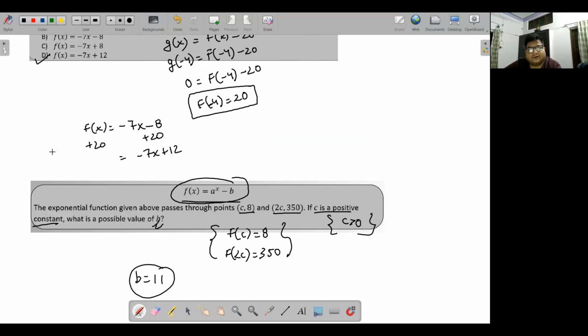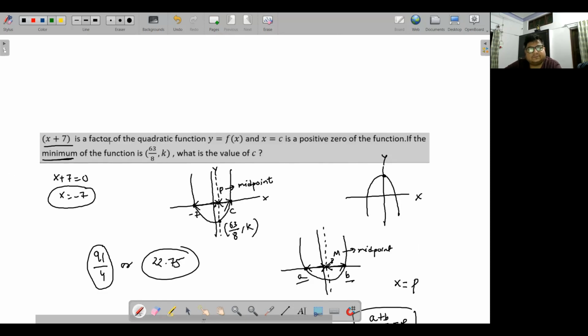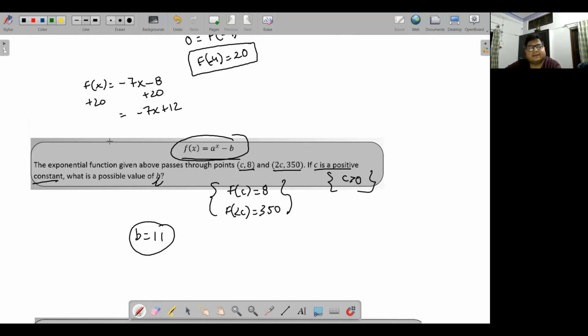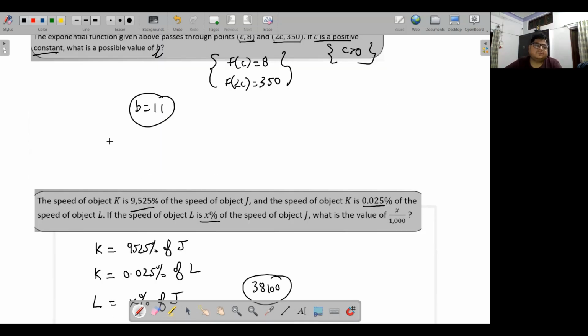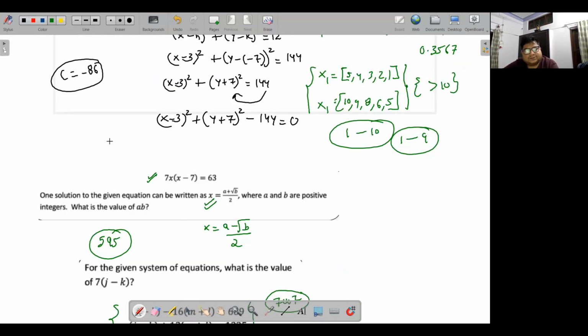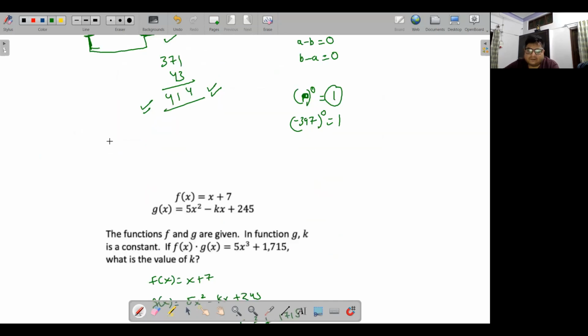Today I've covered how to solve the quadratic problem, exponential problem, linear problem, as well as again exponential problem. We have done the percentage, circle, quadratic equation, exponential, polynomial, and again polynomial.